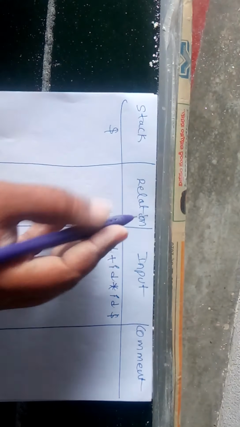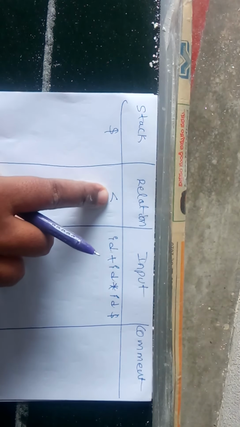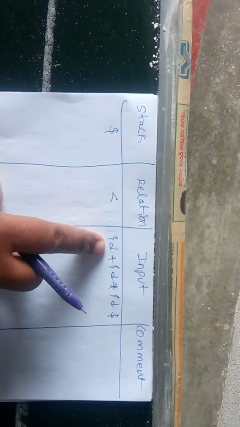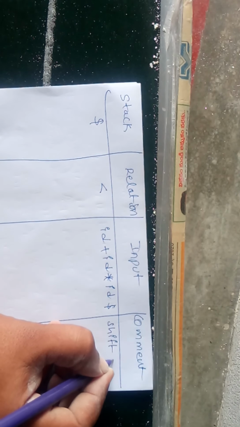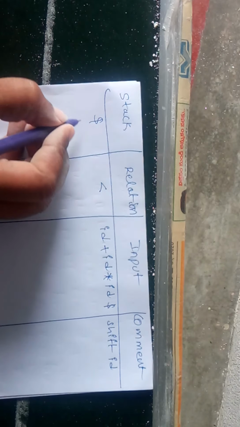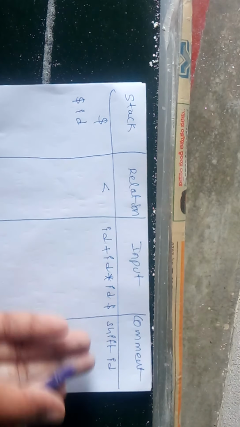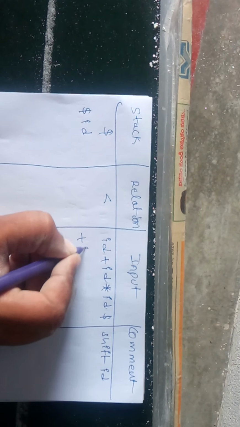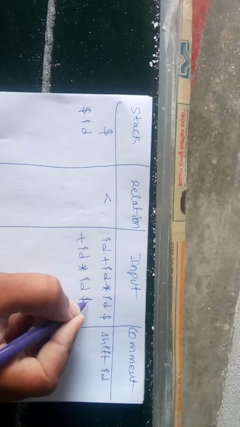Whenever we get this symbol, we have to shift, then write the comment shift id. The next step: dollar id. We shift id here and write the remaining expression plus id dollar.